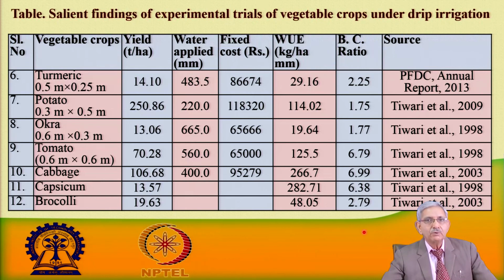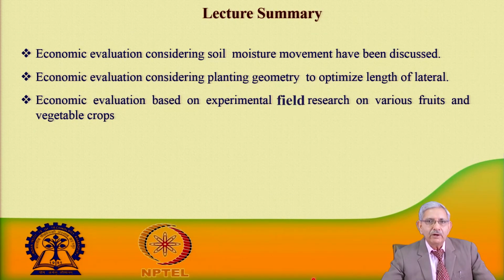These are all results based on long term research work carried out for more than 2 decades, and the data have been obtained. Based on that, such studies are useful for taking up research studies, taking up trials, taking up such crop cultivation in the farmers' fields, and farmers as such are adopting this based on the data available.